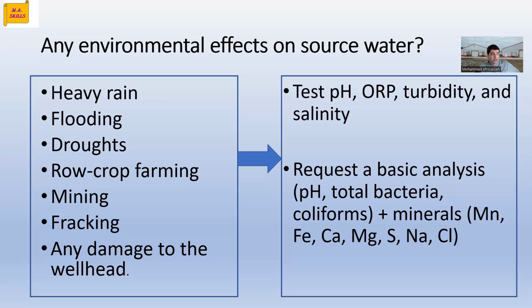And I'll talk about this test in my next videos, where I will be talking about water microbiological tests. And request a mineral test like manganese, iron, calcium, magnesium, sulfur, sodium, chloride. We need to have an idea about that.